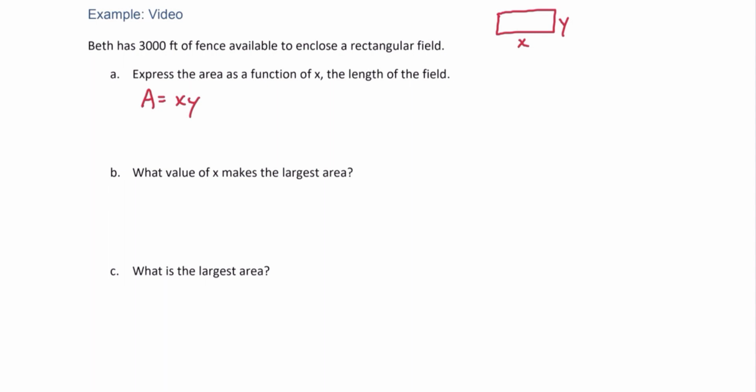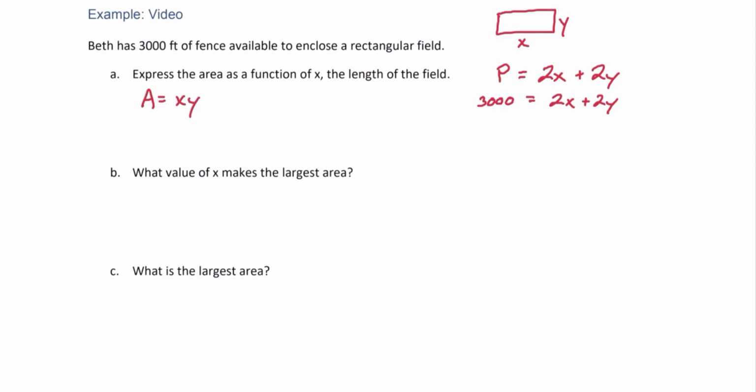This time you're not given another equation, so we have to create one. The only other thing that we know about this shape is we know the perimeter. And the perimeter of a rectangle is 2x plus 2y. The perimeter we're told is 3,000 feet. So we can replace P with 3,000.